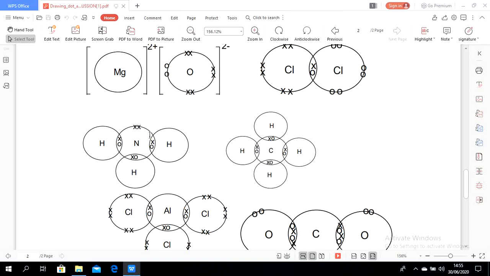VSEPR is valence shell electron pair repulsion, and in this one there are 3 bond pairs and 1 lone pair. What is the value? What is the angle and what is the shape?